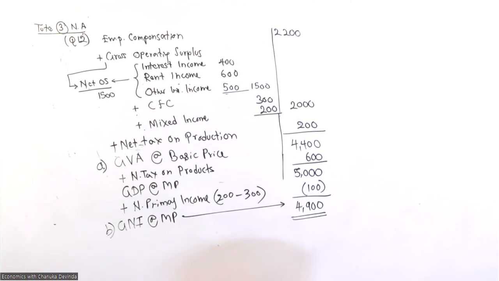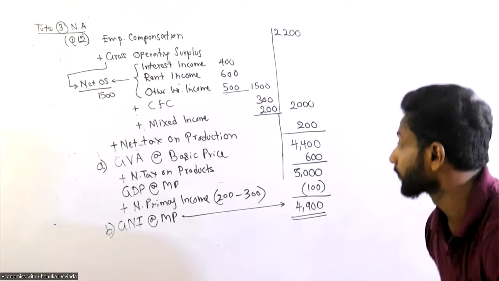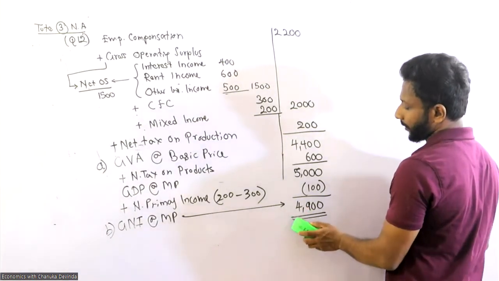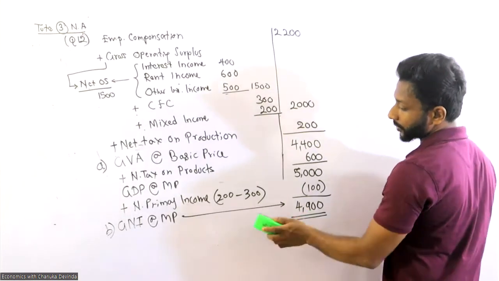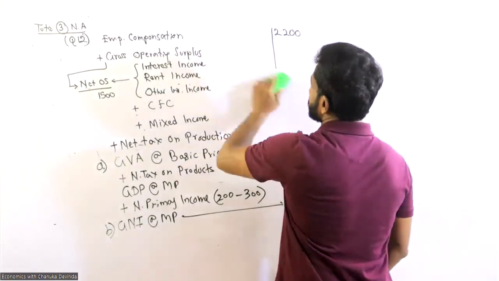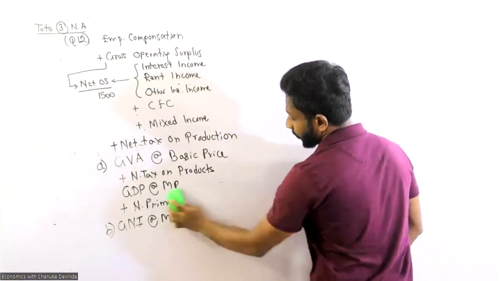Also, next one that we need to calculate household income. Right. We'll do. We need this one. Keep in mind 4,900 gross national income at market price.